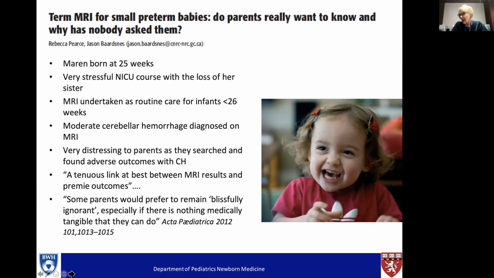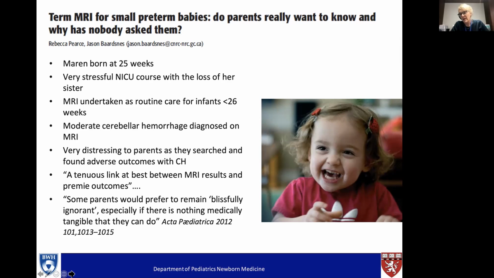And when she came back, they were just told by somebody that this hemorrhage had been found, but they were not really debriefed and counseled about the meaning of this. So instead, they went to the computer, to Dr. Google, and found concerning information about adverse outcomes with cerebellar hemorrhage, but without being able to put in context the size of Marin's.